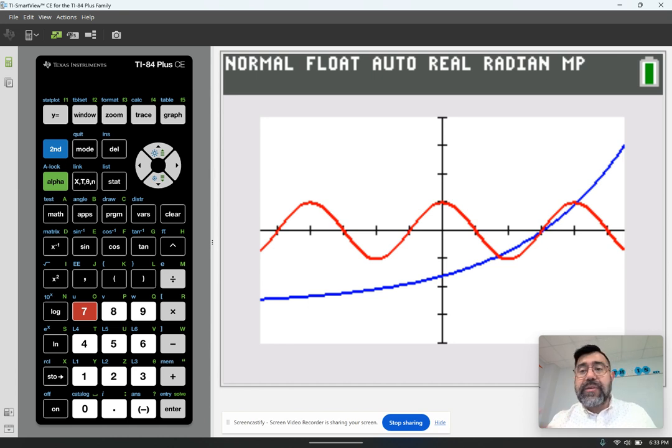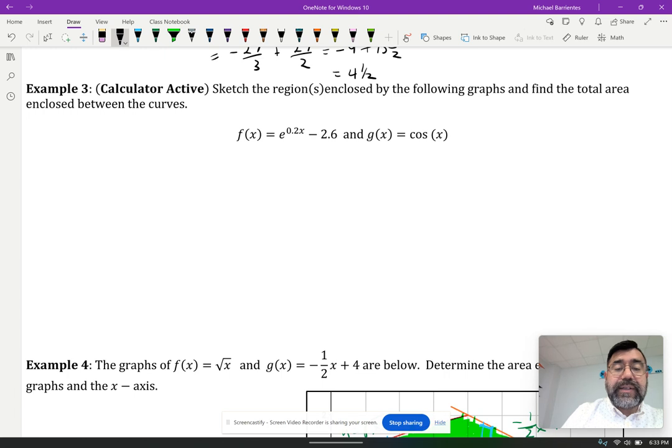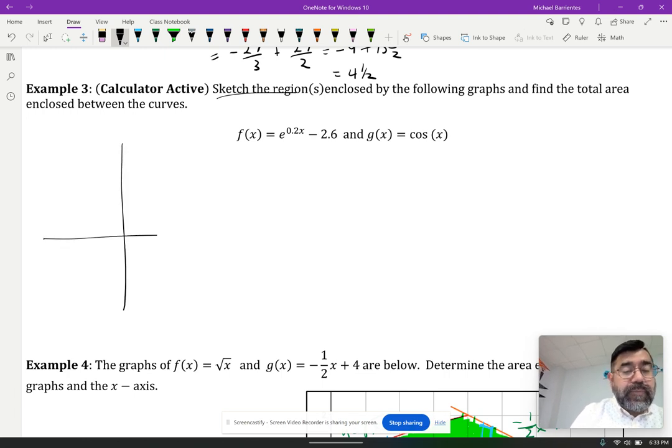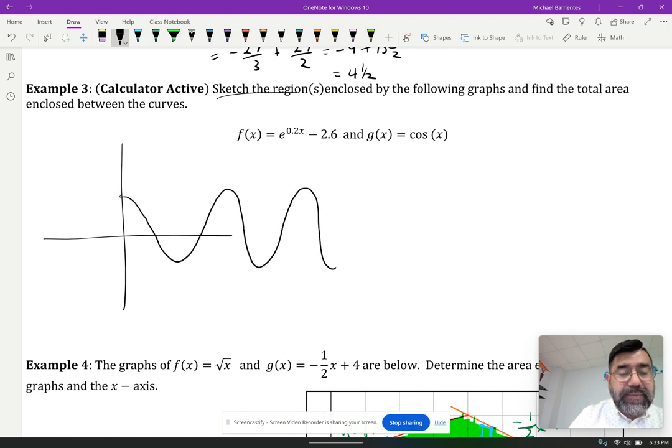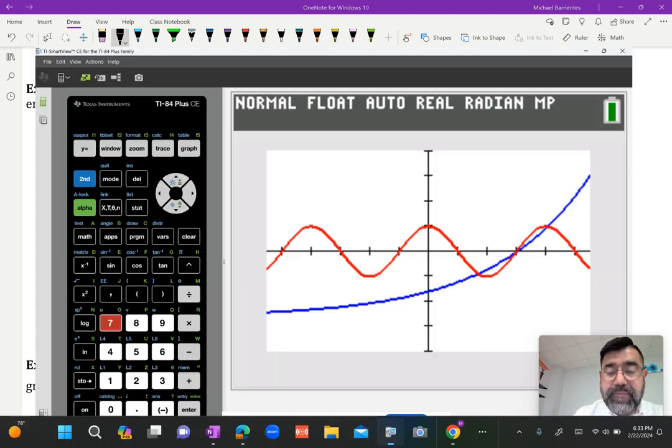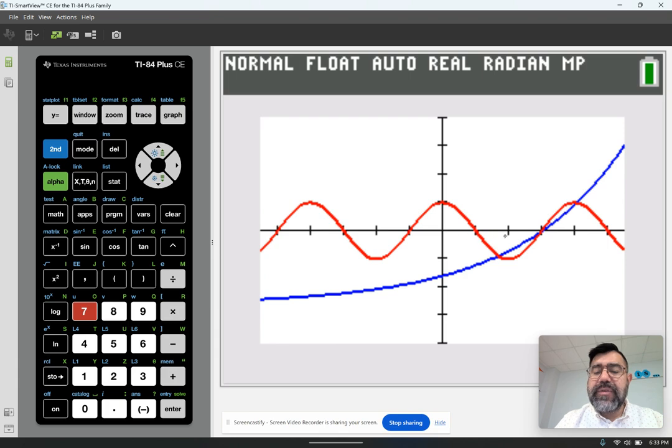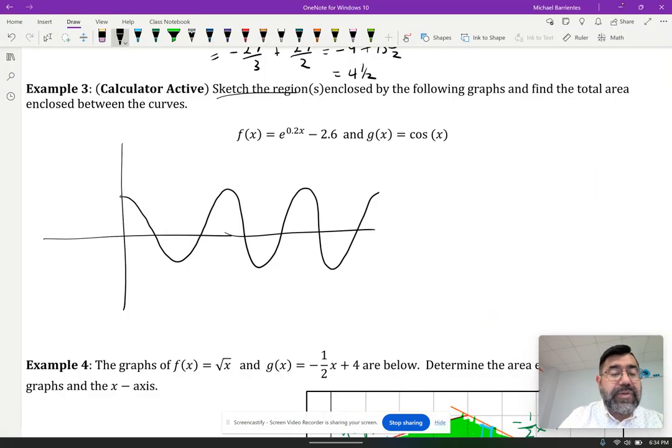Okay, so what do we need to do? Oh, we need to sketch it. So we know what the cosine graph looks like. This first part, cosine starts at the top, goes to the bottom, goes to the top, goes to the bottom, goes to the top, goes to the bottom. And then this one is going to go through 1, 2, 3. So that's 3 pi over 2. Wait, does it go back?